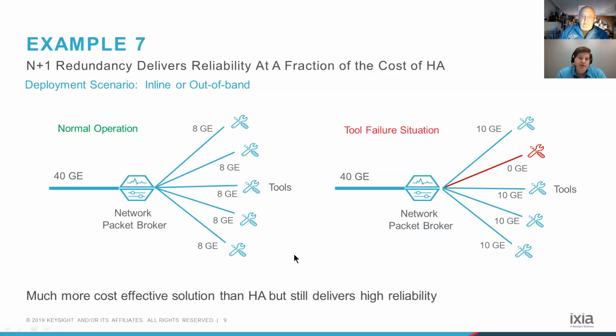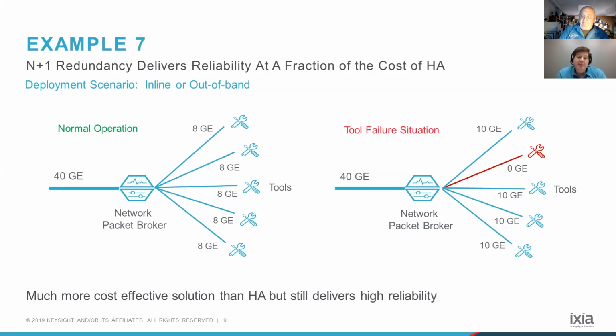That's normal operation. If one of them fails, and you have bandwidth available on those tools so they can go up to 10 gigs each, then even though you've lost one of the tools, you can still process the full load. The data is just redistributed across the remaining 4 tools instead of 5.